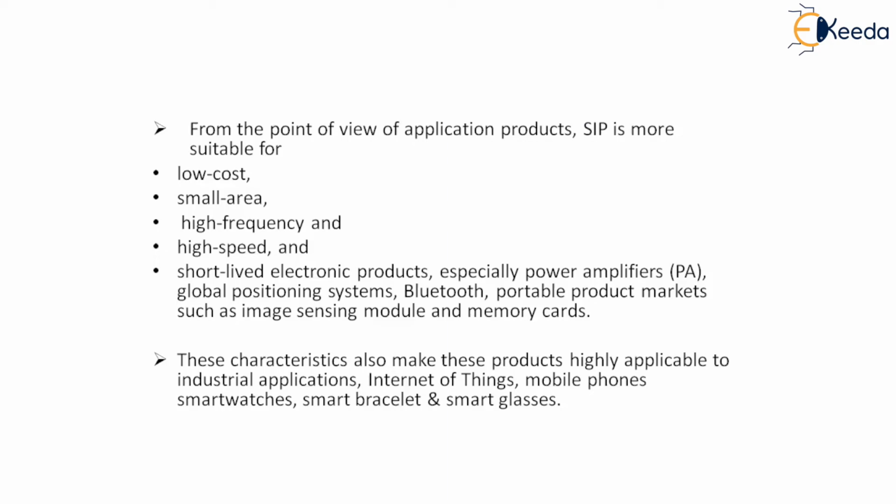So they have a wide application in all these products. And these characteristics also make these products highly applicable to industrial applications, the Internet of Things, which is very trending nowadays, mobile phones, you know how popular they are, smart watches, smart bracelets, and smart glasses.